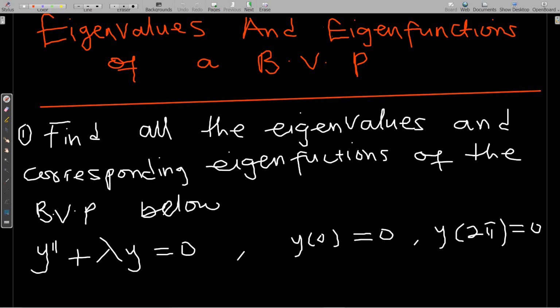Okay, so when we talk about eigenvalues and eigenfunctions, let me open a page for you to understand.